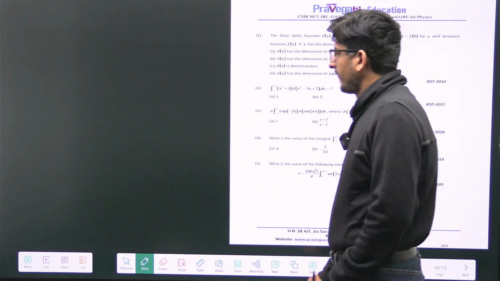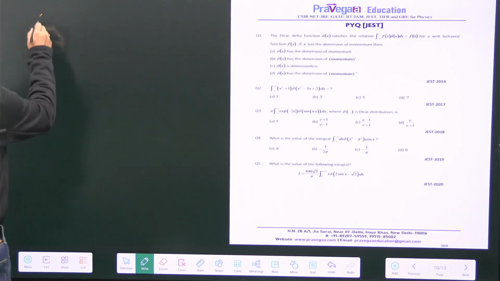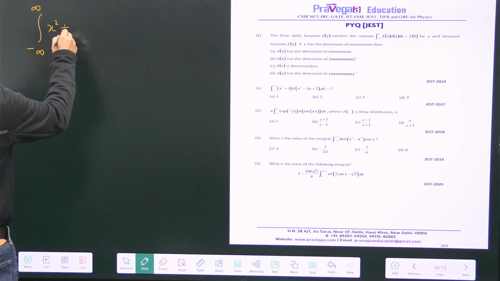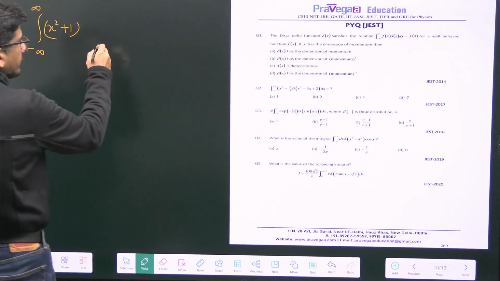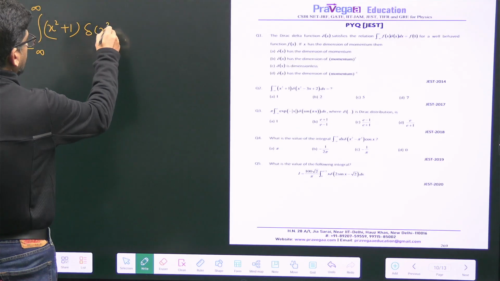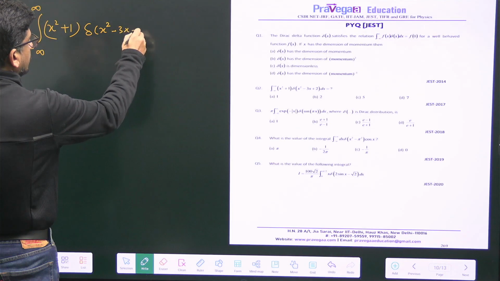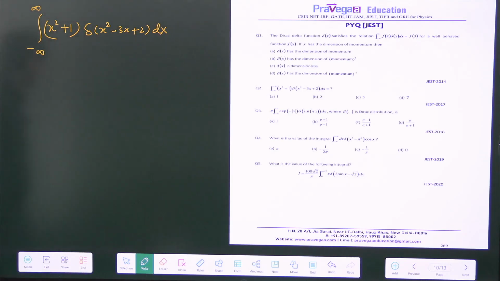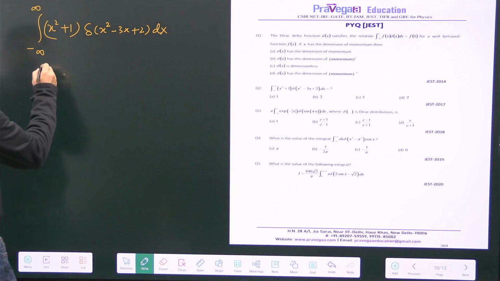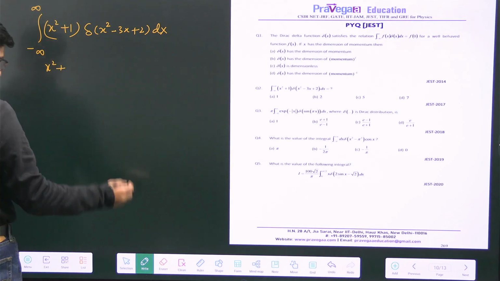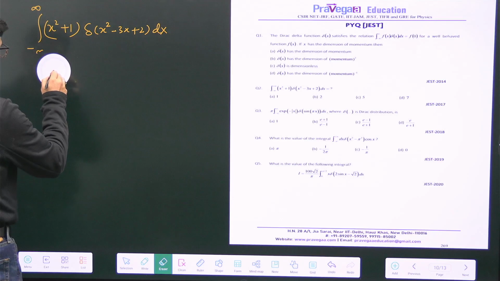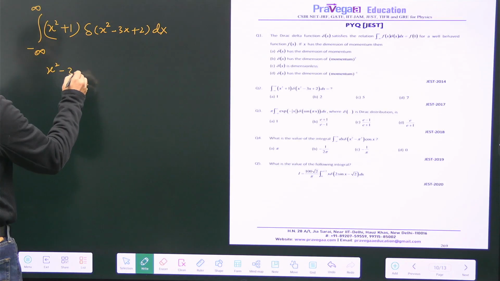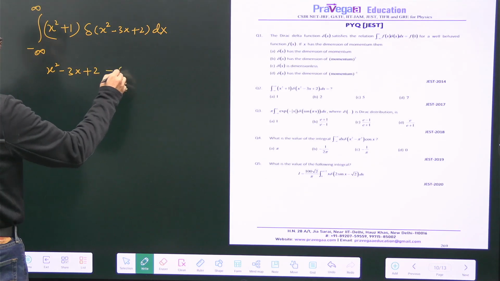Next question is that if suppose integral from minus infinity to plus infinity of (x square plus 1) delta of (x square minus 3x plus 2) dx, what is the value? Again, it is a case of delta function. So x square minus 3x plus 2 is equal to 0.